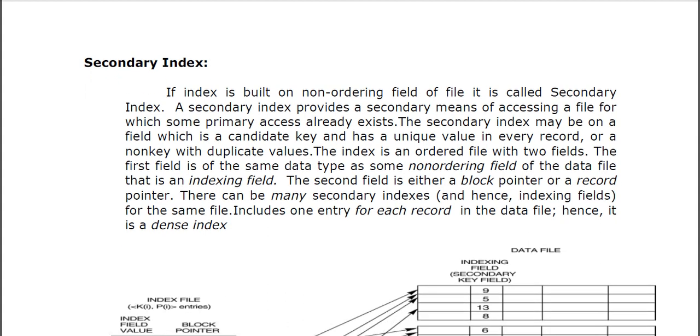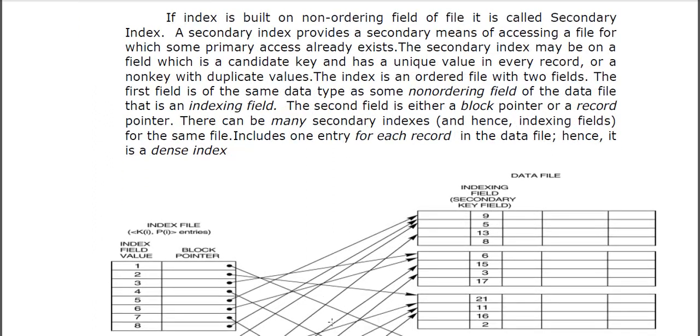In this case, the first column will have the key value, the non-ordering field on which you are constructing the index file, and that needs to be stored here. And here the index is the ordered file. This is the ordered file. This is not the ordered file. Now this is the ordered file.